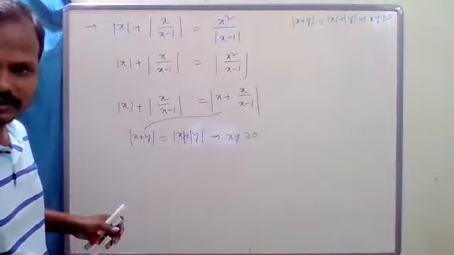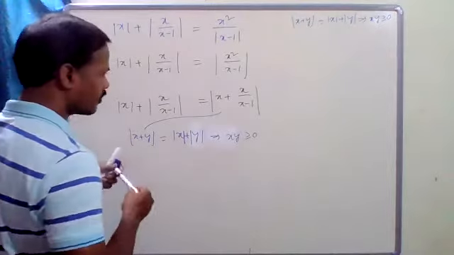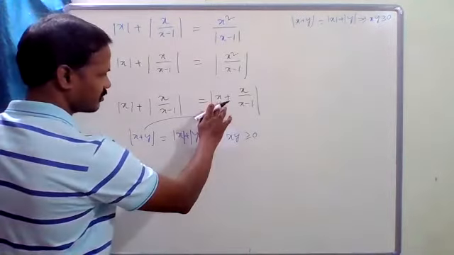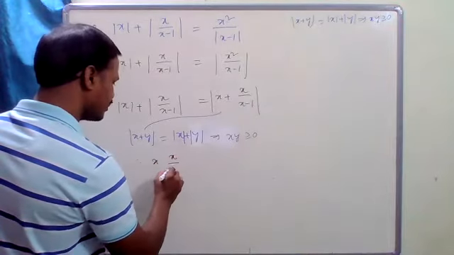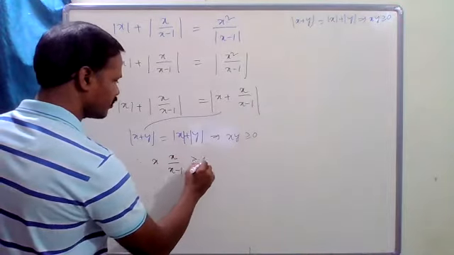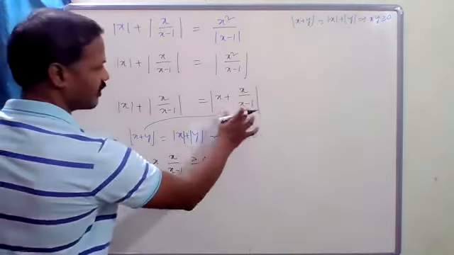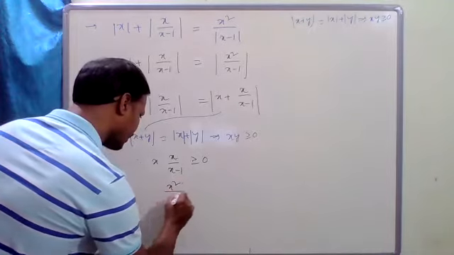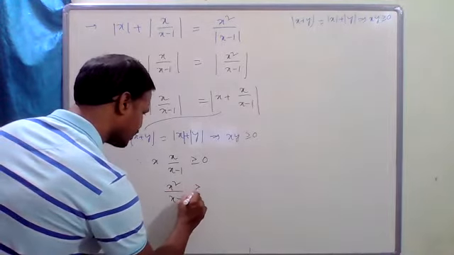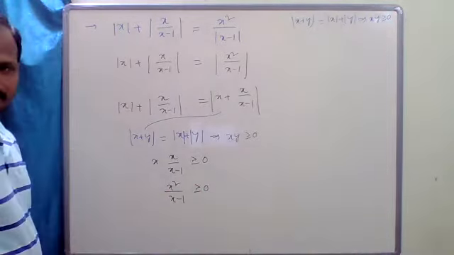What is x, what is y here? This is x, this is y. So x into x by x minus 1 greater than or equal to 0. Now this is x square by x minus 1 greater than or equal to 0.